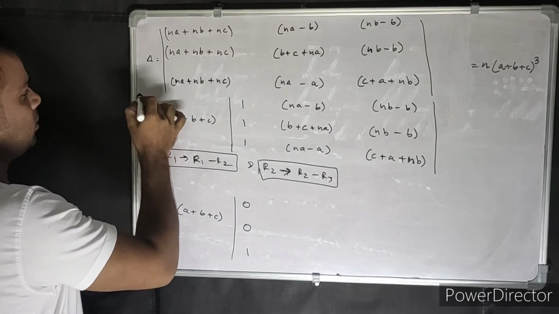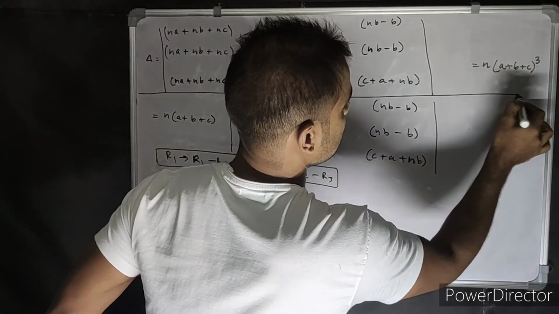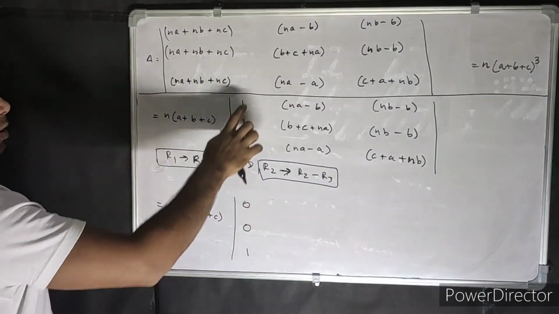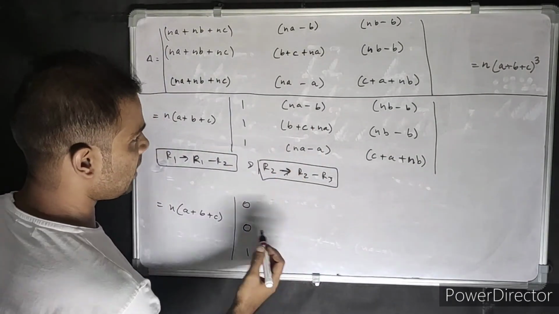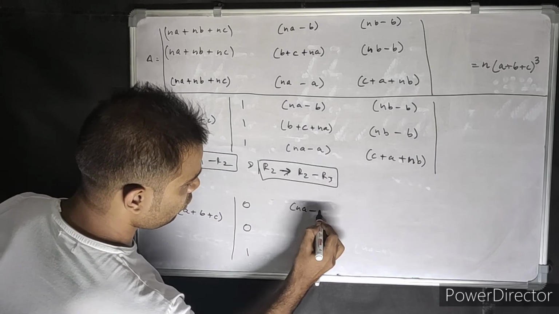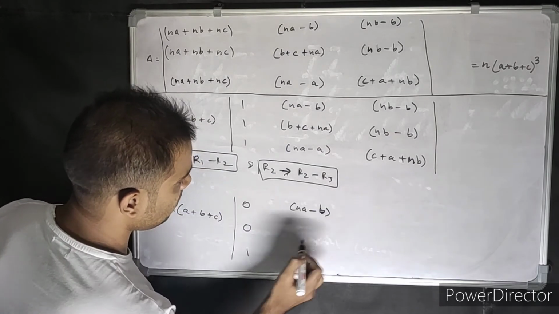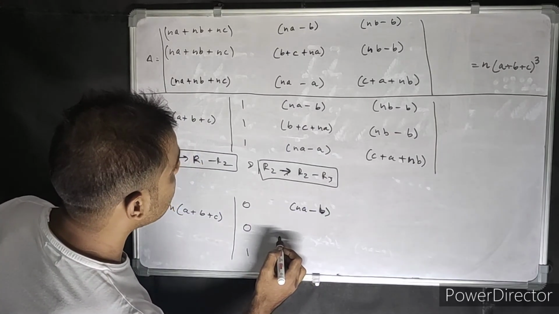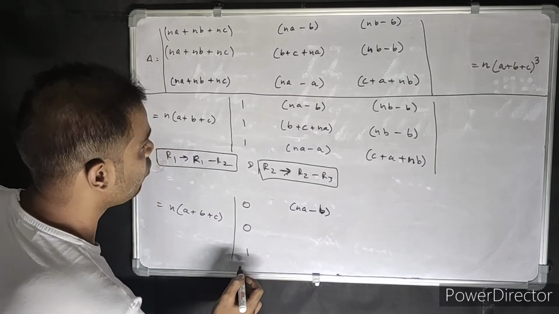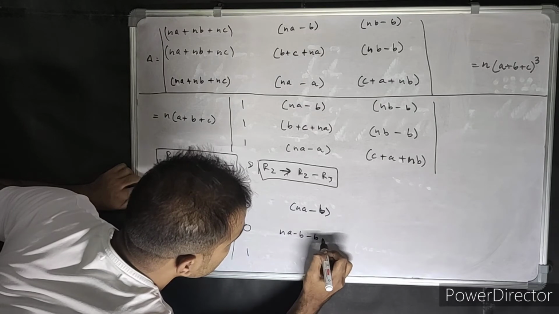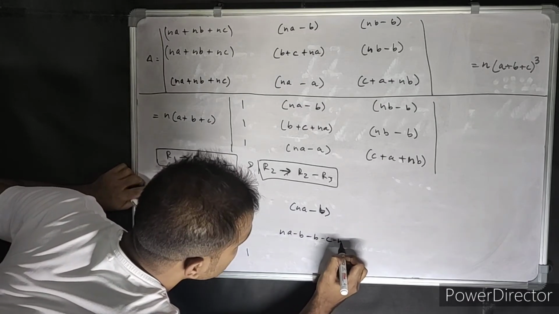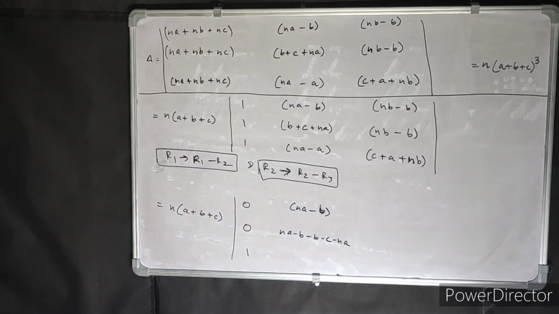Yeah, now it's okay. This minus this minus this. So let's write it actually, otherwise you will also not understand because that's a big thing. So that is for row 1 minus row 2. So that is NA minus B minus C minus NA.